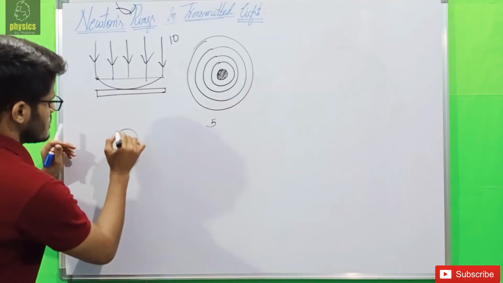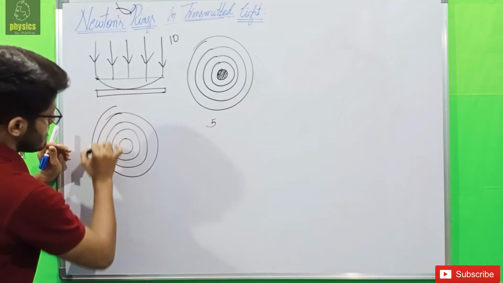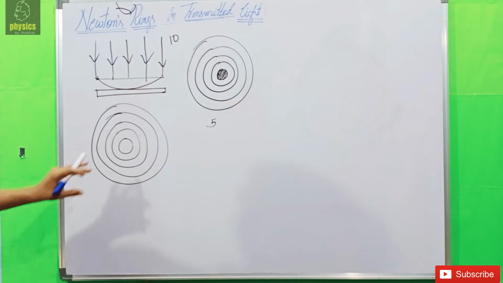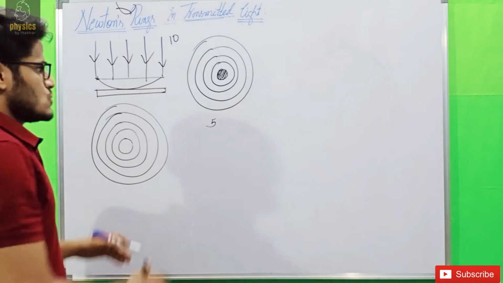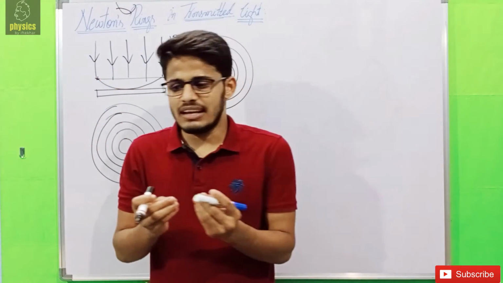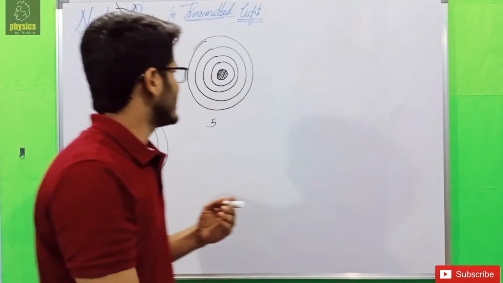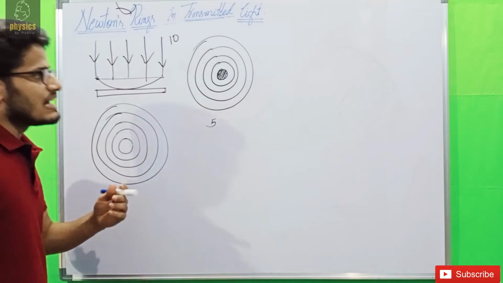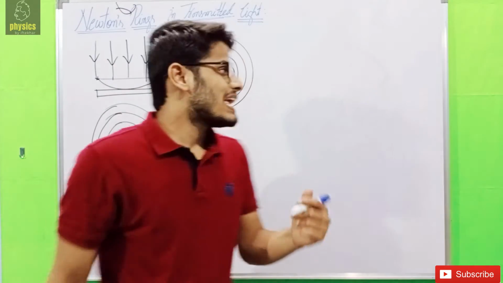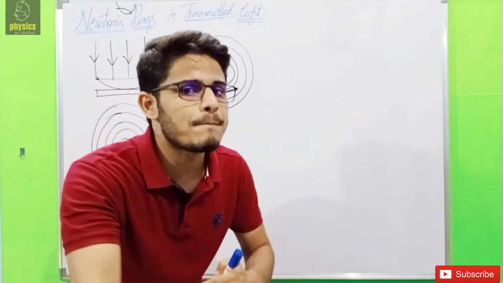So here is what you are going to get in Newton's ring in transmitted light ray. By just observing experimentally, you can say that the conditions of getting bright and dark spots in these two cases will be exactly opposite.